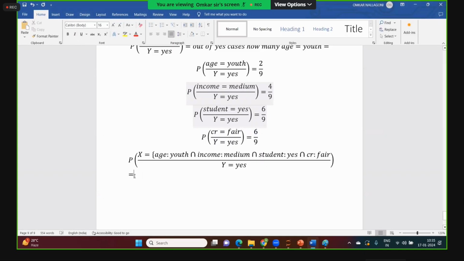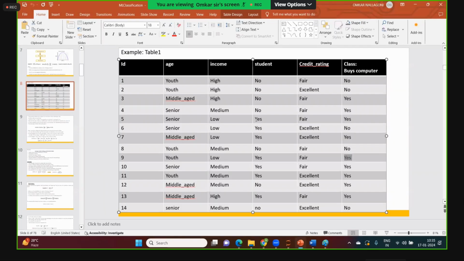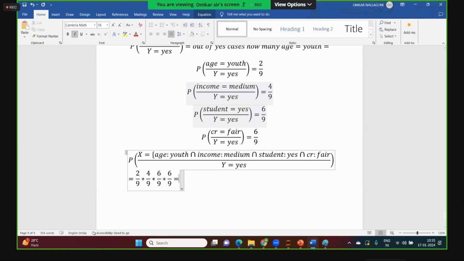And this is 2 by 9 into 4 by 9 into 6 by 9 into 6 by 9. Both are 6 by 9. Student equal to yes: 1, 2, 3, 4, 5, 6. Yes, 6 by 9. So what is this answer?